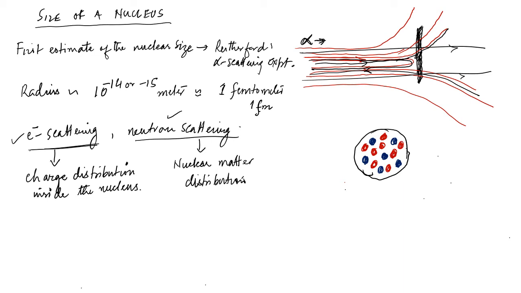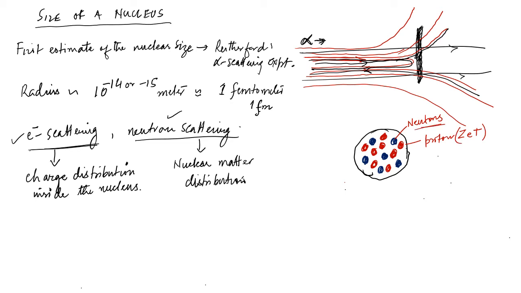This is a proton and these are neutrons. In the nucleus the proton carries a charge. If we have Z number of protons, we have that charge, and the neutron is a neutral particle.